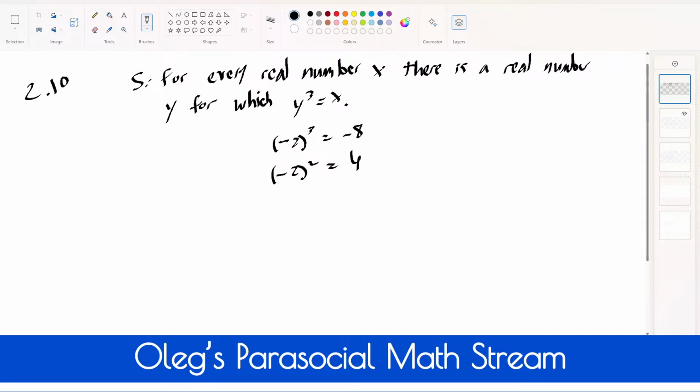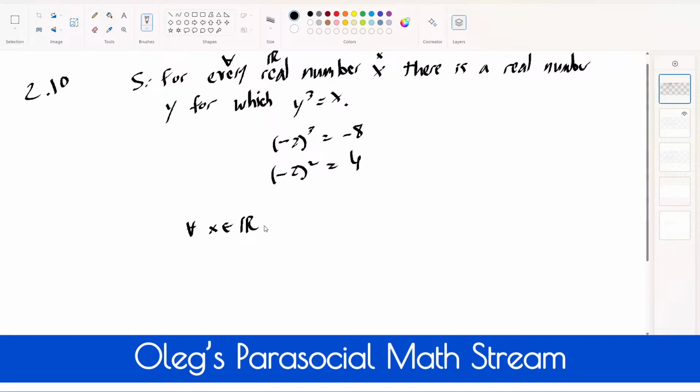So for every, we have our all. We have x, and x is part of the reals, so we have the real set. We're going to say all x members of the real set.